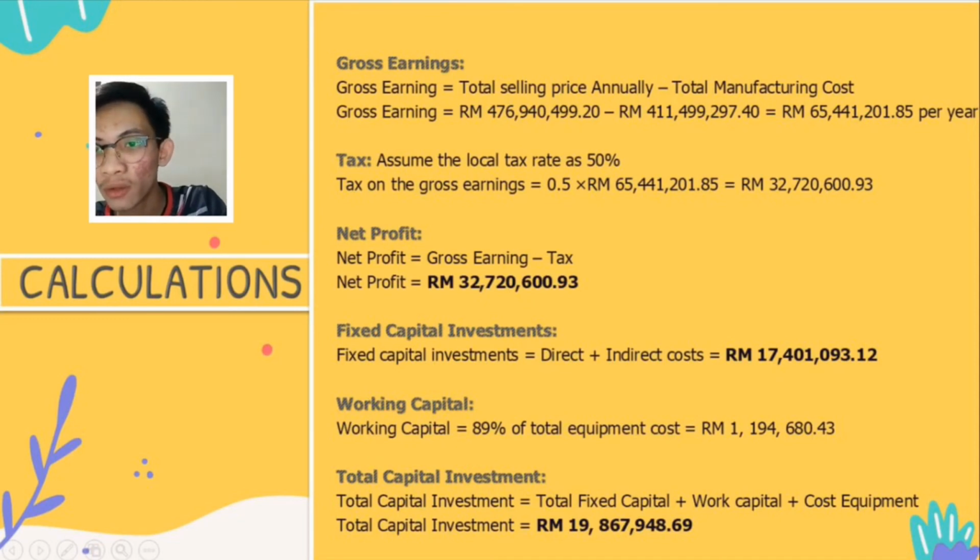Looking at the working capital, it is produced from 89% of total equipment cost, and then total capital investment comes out by the mixing of the total fixed capital value, working capital value, and also the equipment cost.